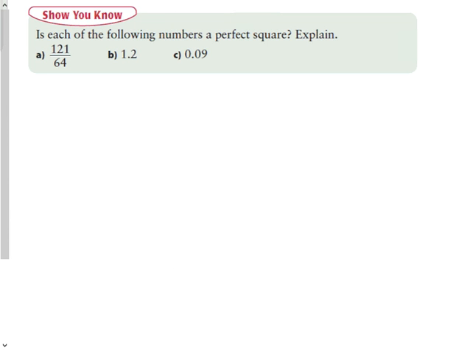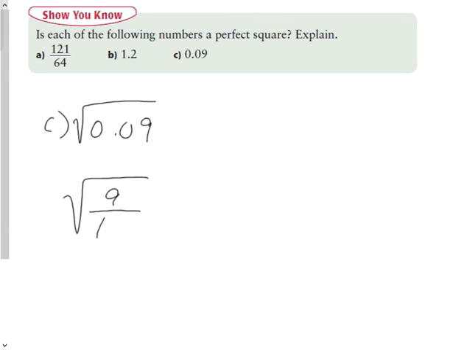So for question C, you have again a decimal, a rational number expressed in decimal form. So is the square root of this number going to give me a terminating decimal? So again, I'm going to look at it as being 9/100ths, okay? And then ask myself, what fraction multiplied by itself is 9/100? Is it possible?